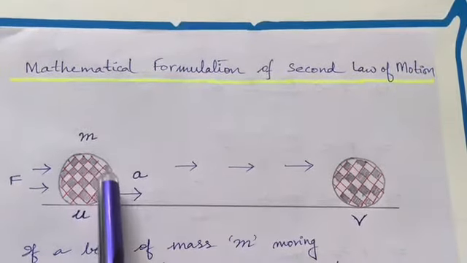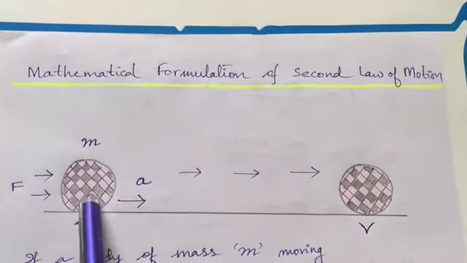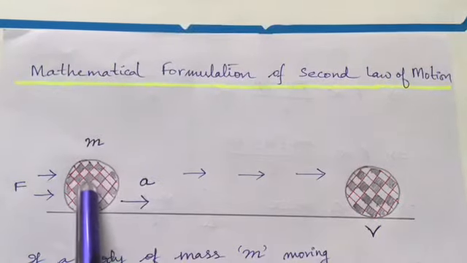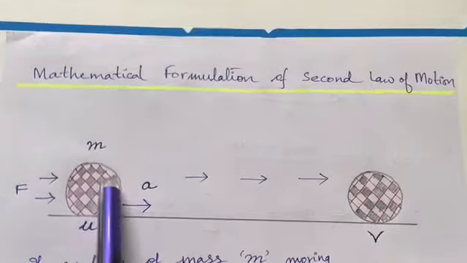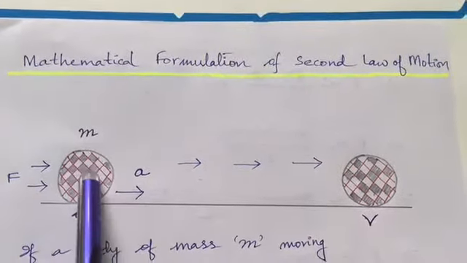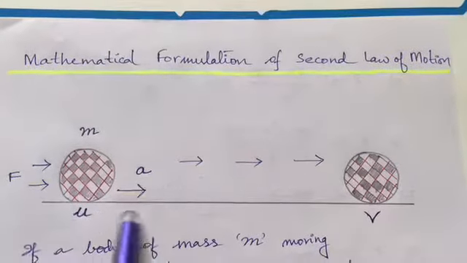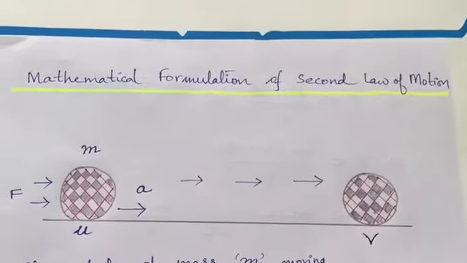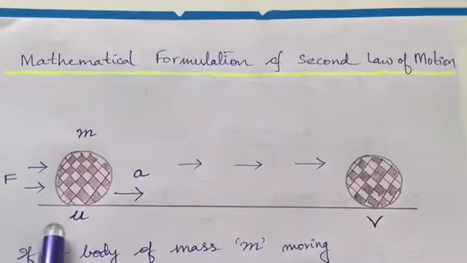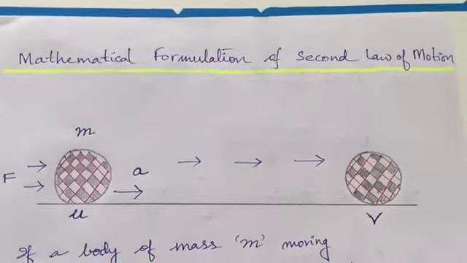Let us imagine that this is a ball which is, suppose, at rest, and this ball has a mass of m. Since it is at rest, the initial velocity of this ball is u, which will be 0.